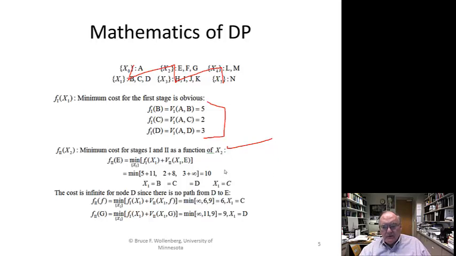I'm sorry. We're looking at this right here, and we're saying stages 1 and 2 is a function of x2. We're going to minimize the cost plus this, which you say is the minimum to get to that point, and then this is to traverse the thing.